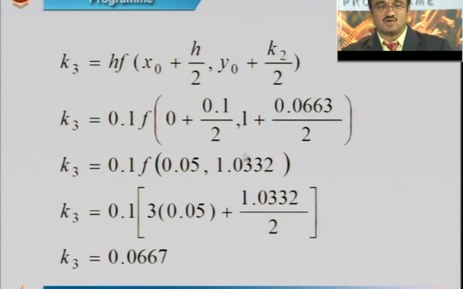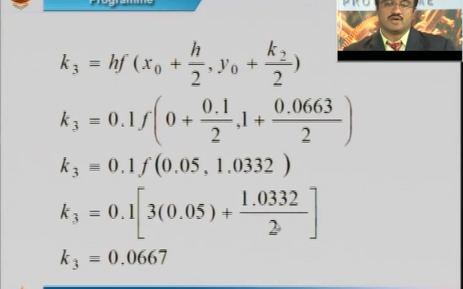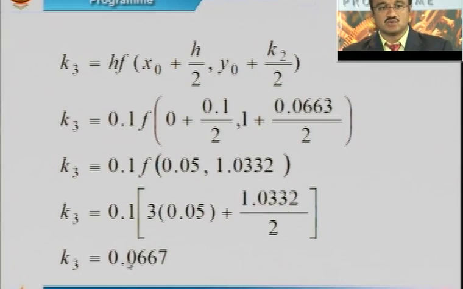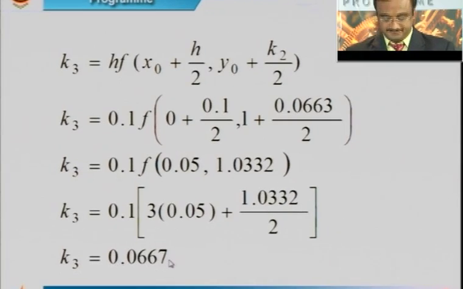Now on simplification of all these, we get the equation in this form. Now take this x and y value, substitute in the given equation. k3 is 0.1, 3 times 0.05 plus 1.0332 by 2. Now on simplification by using your calculator, we get the value of k3 as 0.0667.